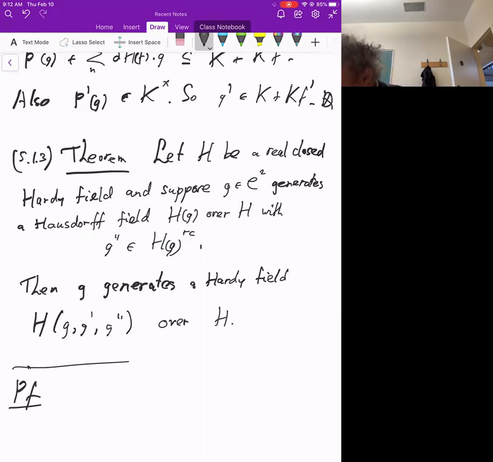That's what generating a Hausdorff field is equivalent to. But we also assume that the second derivative is then in the real closure of this Hausdorff field HG. Then the conclusion is that G generates a Hardy field over H.